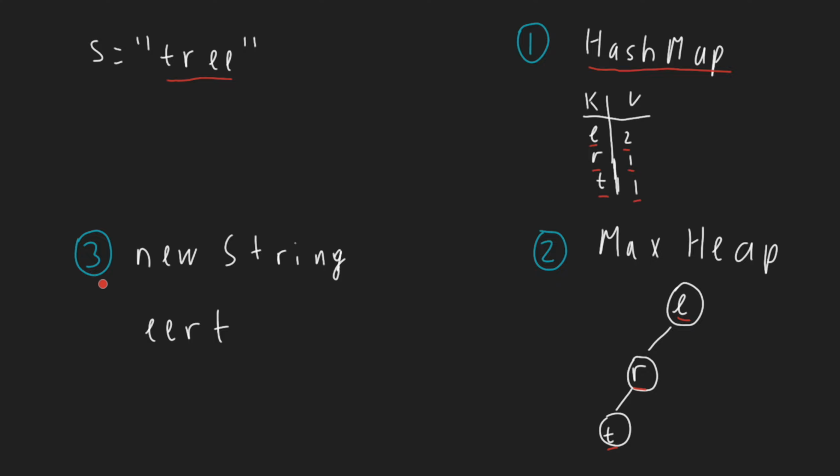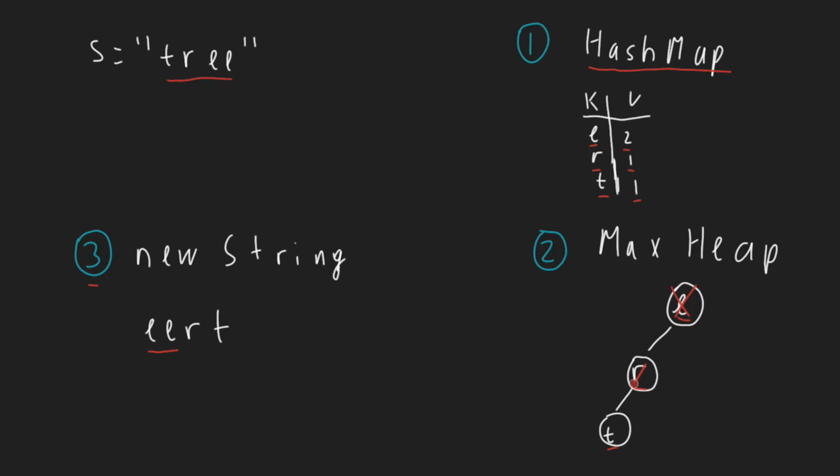And the third step, we are creating a new string and adding character by character. First we take E from our max heap, and it is repeated twice, so we add that to our new string. Next, R and T have the same frequency, so it doesn't matter which one we take first.